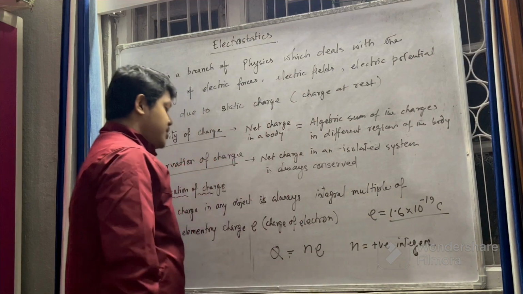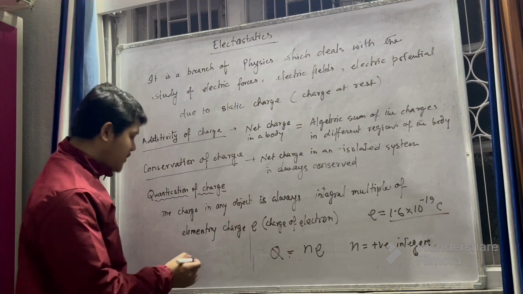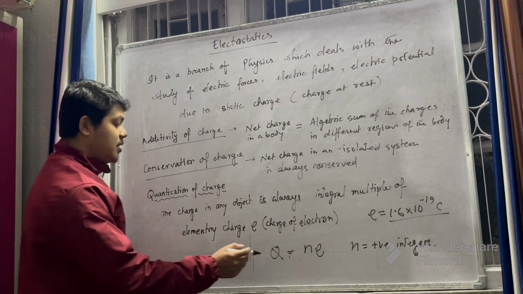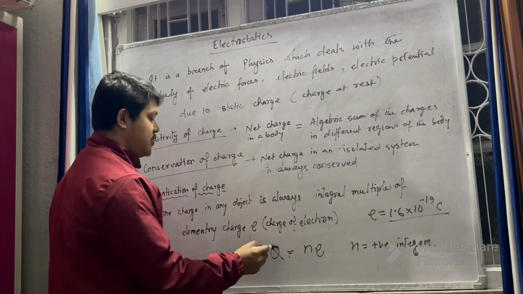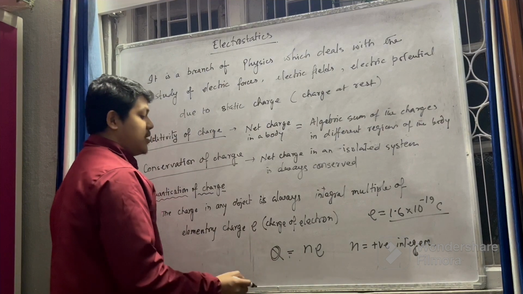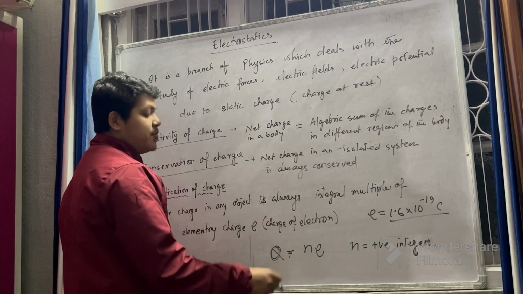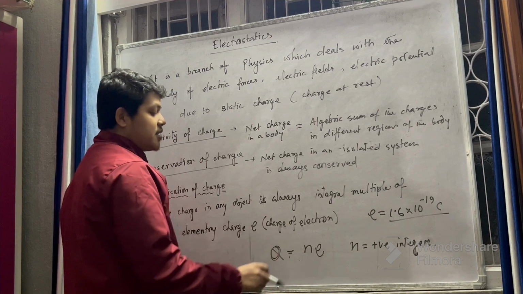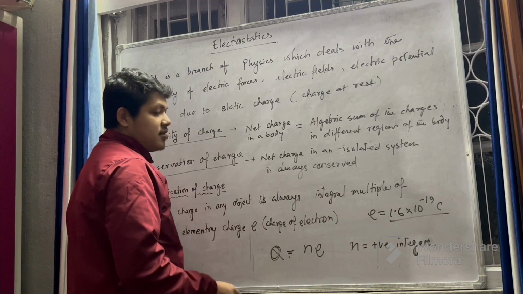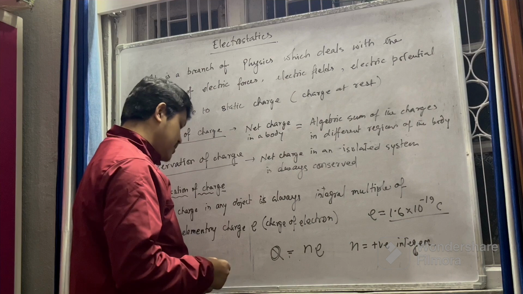So the charge in a body can be expressed as 2e, 3e, 4e, but you cannot get half of e or 1/3 of e.